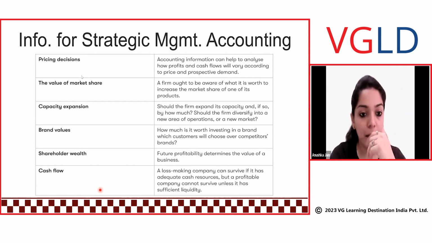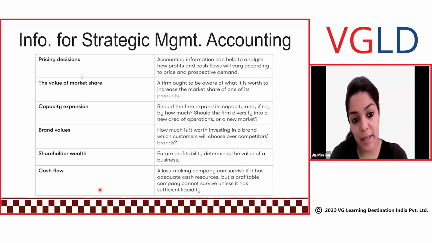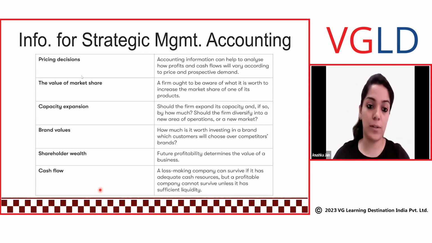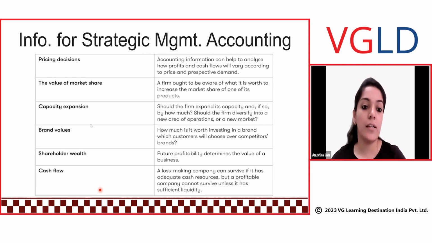Your cost might be higher. You might be offering a better quality product. So you cannot just depend on the competitor. You have to be looking internally also at what your financial accounts are saying. Yes. So that is a pricing decision. Pricing decision is also taken at a broad leadership level.